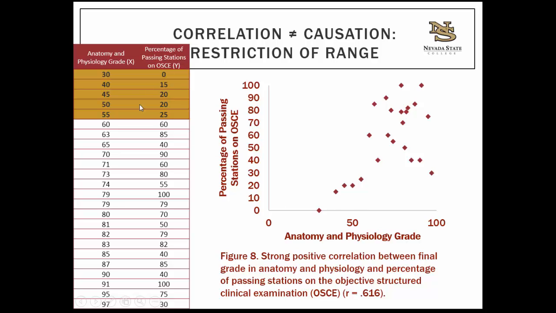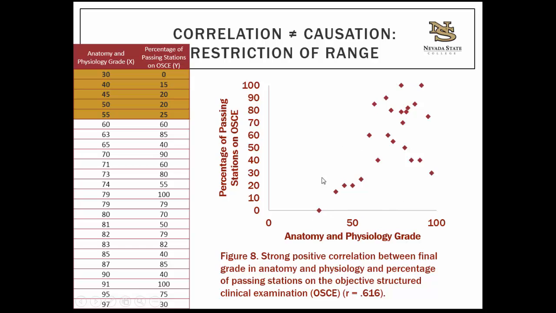So what if we did have the full range of data? What if we took those people who failed out, got a bad grade in anatomy and physiology, and gave them the OSCE exam to see how well they did? Well, then, if we have the data for these people who did poorly, we start to see a strong relationship. If we drew a circle around this data, it would be very upward in direction, and it would be more linear. We'd have a more narrow circle.